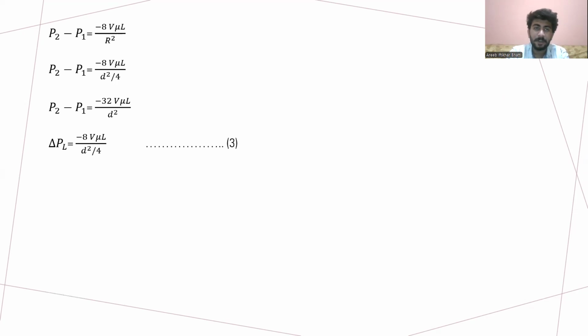When we write the radius in the form of diameter, we get minus 8 multiplied by v multiplied by mu multiplied by L over d square over 4. So you can write the change in pressure as delta P, which is equal to minus 8 multiplied by V multiplied by mu multiplied by L over D square over 4. And this is our equation 3.